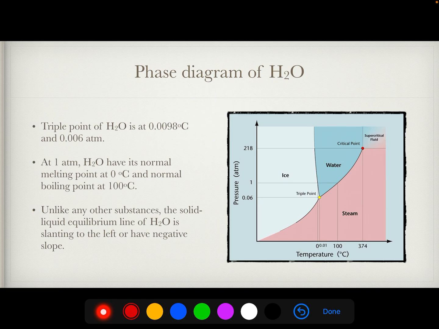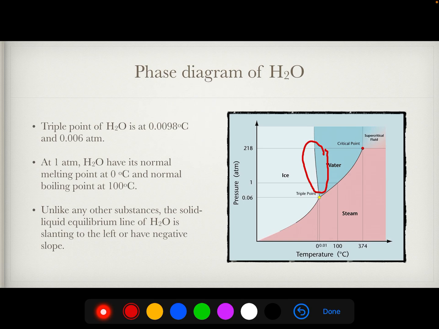One unusual thing about the phase diagram of water, if you notice, is that the solid-liquid equilibrium line of water is slanting to the left.